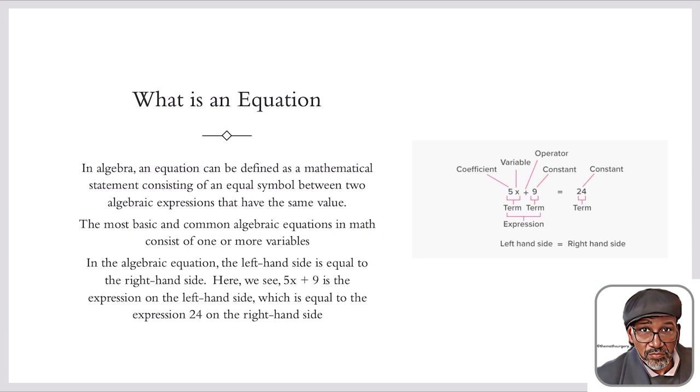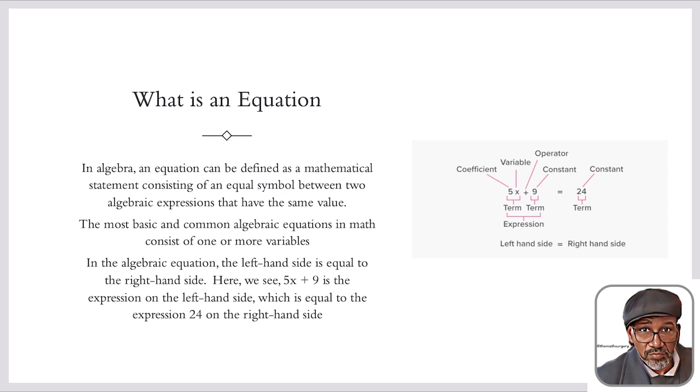So, as you can see here in this slide, I've got a little equation on the side there. In algebra, an equation can be defined as a mathematical statement consisting of an equal symbol between two algebraic expressions that have the same value.